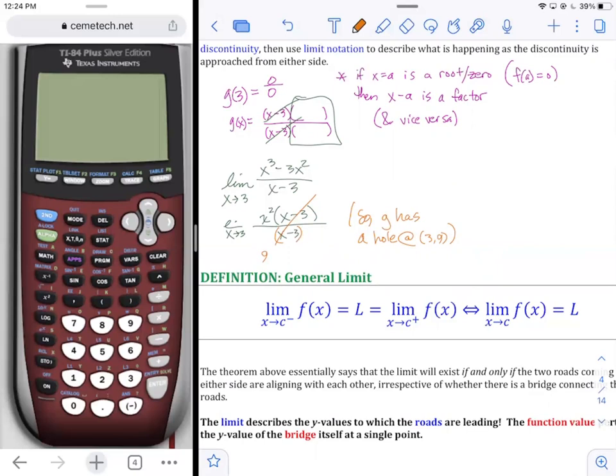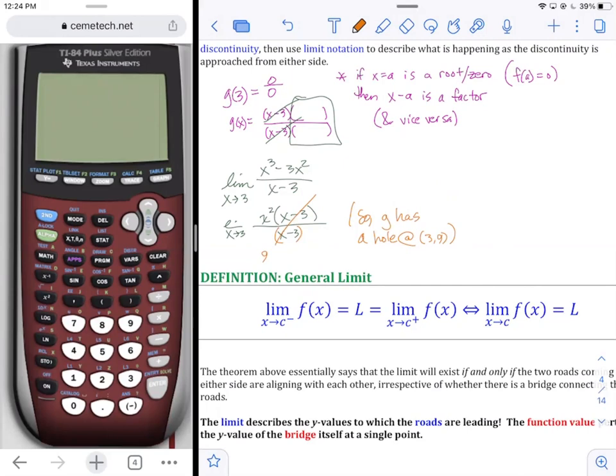So let's start by putting an if on the left. If the limit as you approach some x value, call it c, from the left of a function is L, which happens to also be the limit as you approach that same x value from the right of the same function. In other words, if the limit from the left equals the limit from the right. In other words, if the road coming in from the left is pointing towards the road coming in from the right.